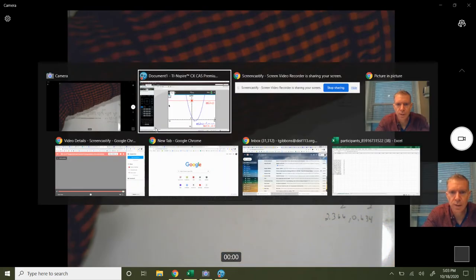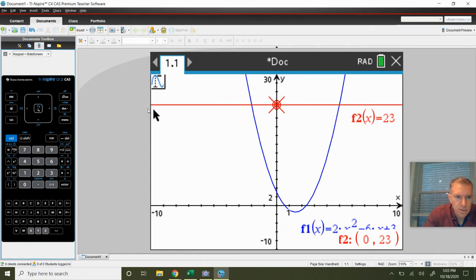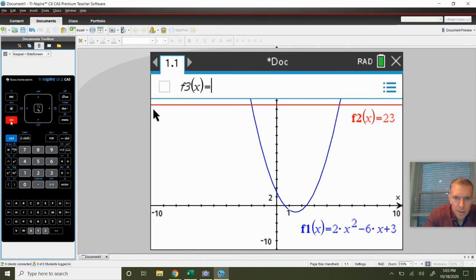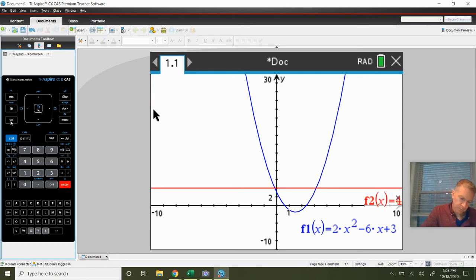Okay. Now let's look at this on the calculator. I'm going to go to my screen so we can see this a little better. I'm going to hit tab, and I'm actually going to arrow up. We don't need y equals 23 anymore. We want to graph y equals 4. Okay, and find our points of intersection.